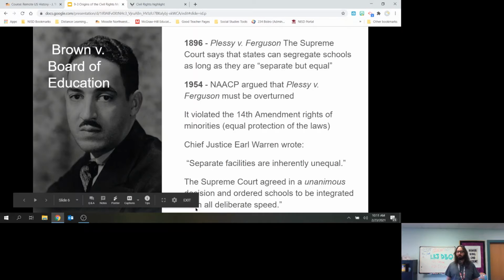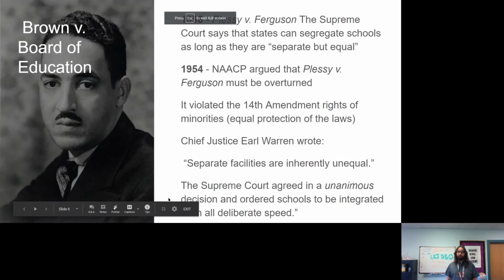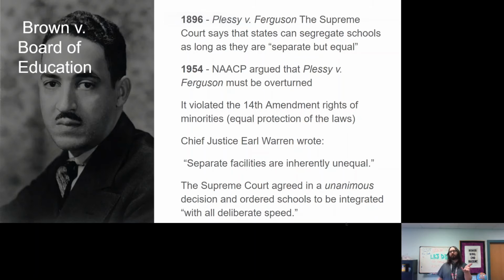Thurgood Marshall, the very first African American Supreme Court justice, was in on this case, and he was asked more than once if he should be allowed to judge on this case, and a lot of the civil rights cases during this time period, because he was black and therefore he might be biased. Well, what about all the white Supreme Court justices that might be biased about civil rights?